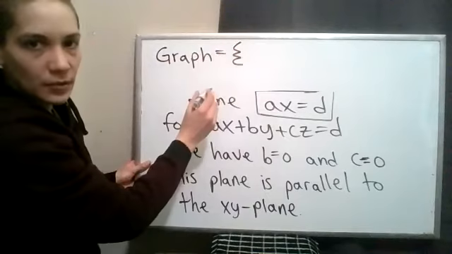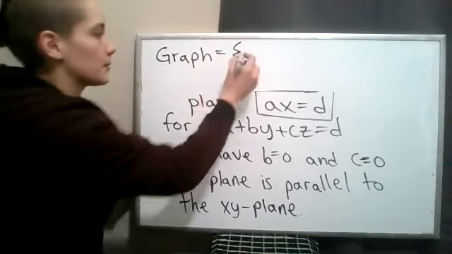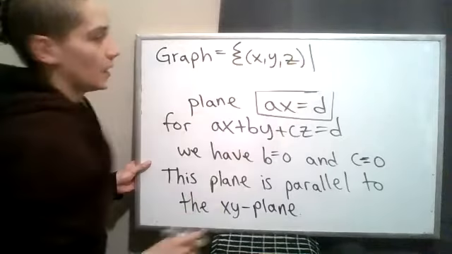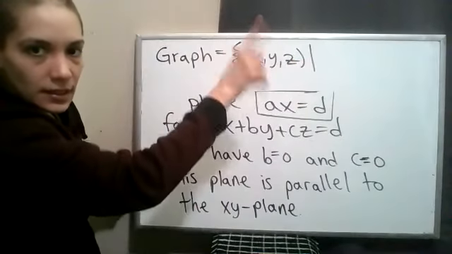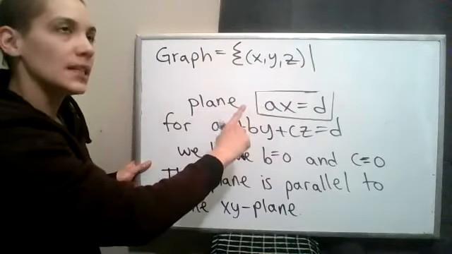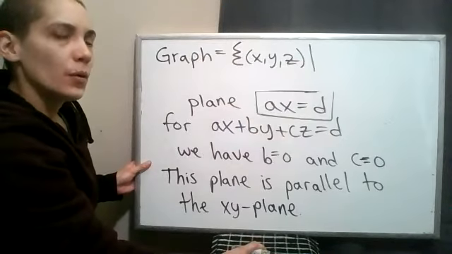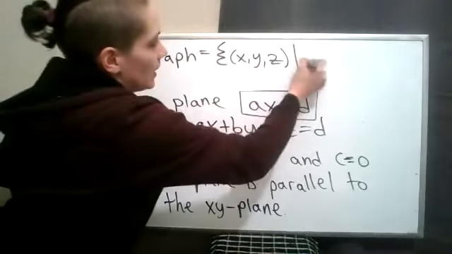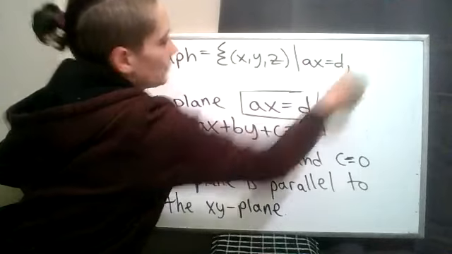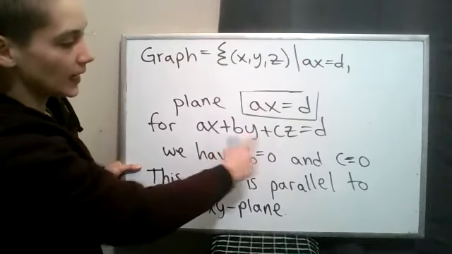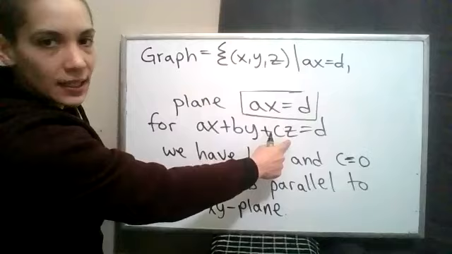It's the set of all points x, y, z such that ax equals d, and y and z are any real number.